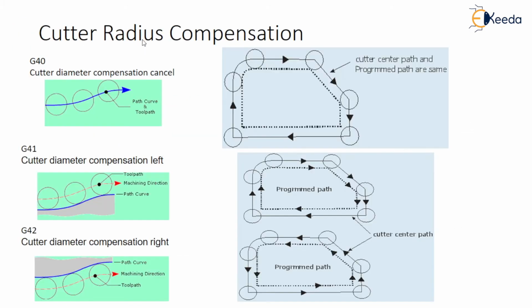Okay. Then cutter radius compensation. In cutter radius compensation, G40, G41, G42 are used. Here, the most important part is that this particular dotted shape is nothing but our finished part, while this particular arrow mark or line path is considered as the cutter center path, or the program path, that is decided by the programmer, or decided by you.